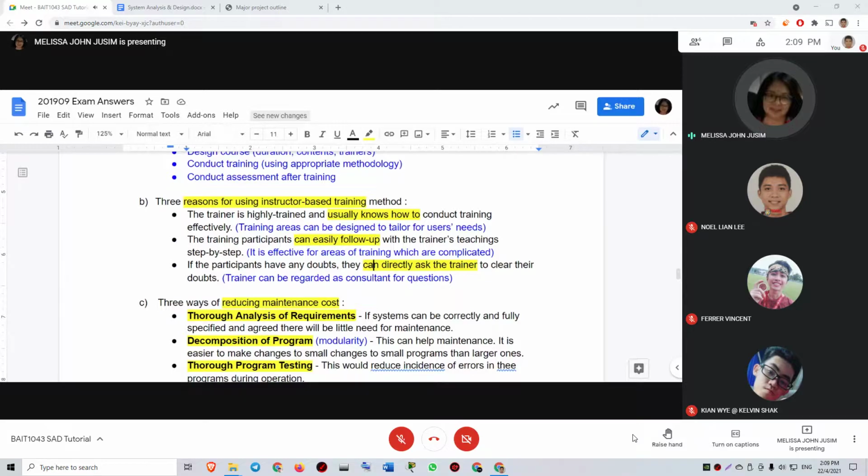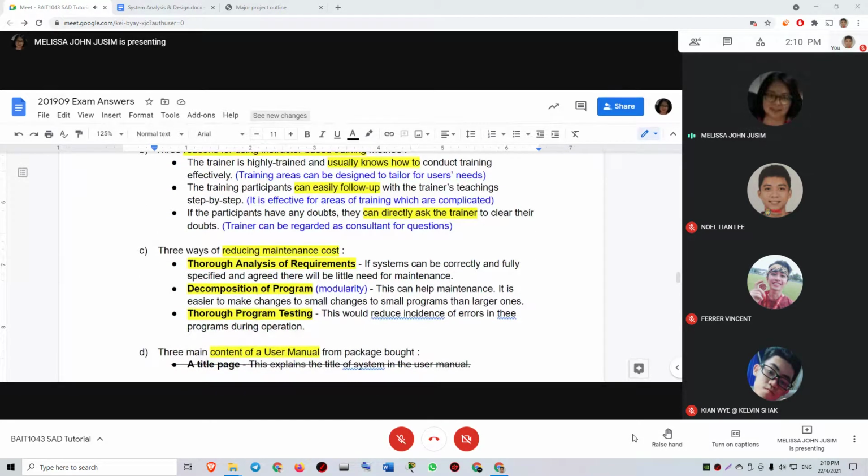If the training is quite complicated, then we should get our own instructor, whether in-house or an external trainer. Then they can directly ask the trainer. So a trainer can be regarded as a consultant for questions. These are the answers from the marking scheme. So I can still give you marks, Noel.